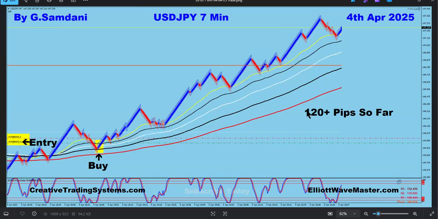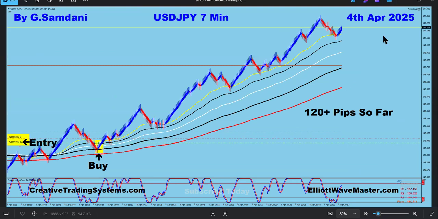But this is the one that was like 120 pip, a decent amount. USD started to get strong again a little bit, and then yen started to get weaker. So that's why I have a beautiful entry here. It was bearish here, and all of a sudden it became bullish. This is the entry. This is the entry. This is the entry. This system is very good, and when the price makes the turn, the system gives a lot of entries, right? So this is it for now.